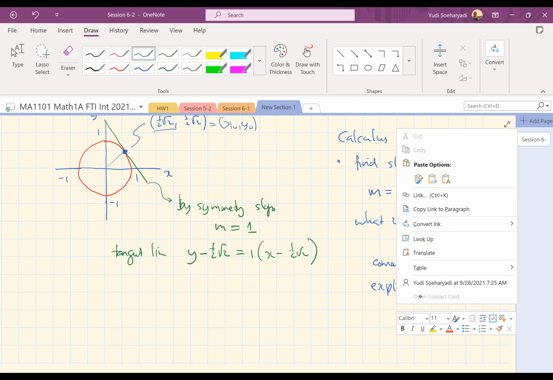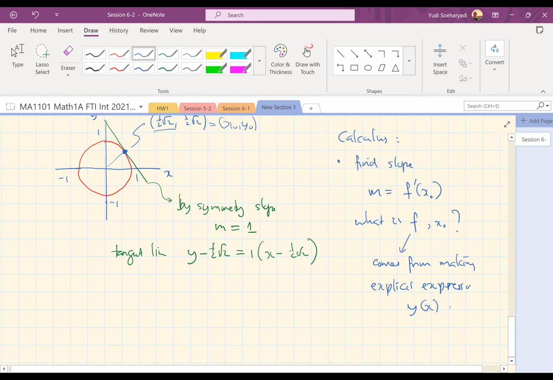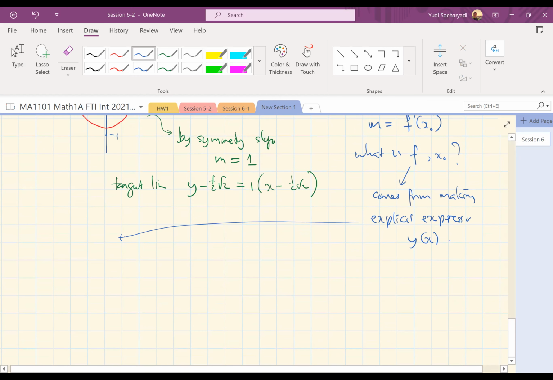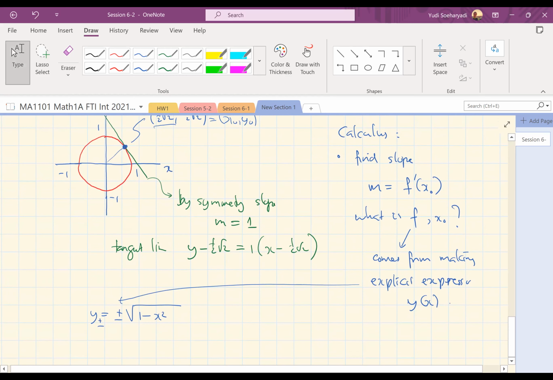Y is a function of x. And we can do this because y can be plus or minus, depending on which part of the graph. Okay, so on the top, above the x-axis, you have the y plus. Below the x-axis, you have the y minus.